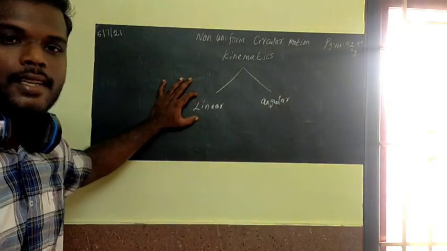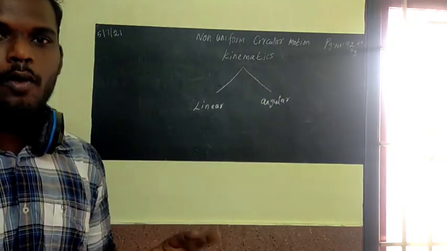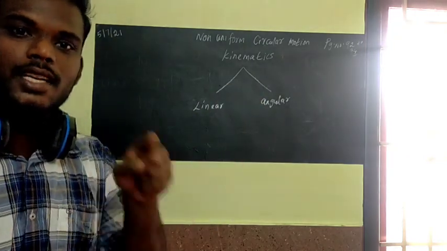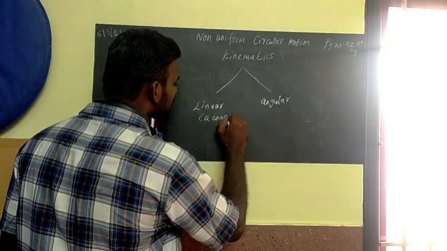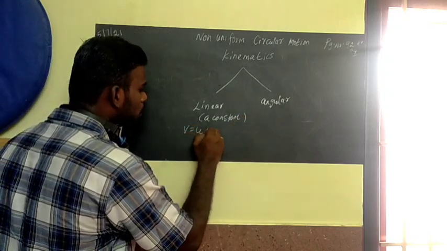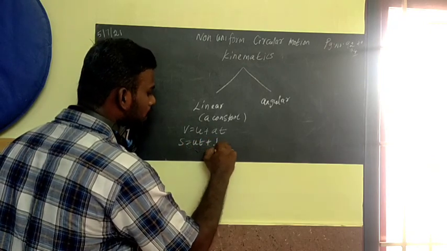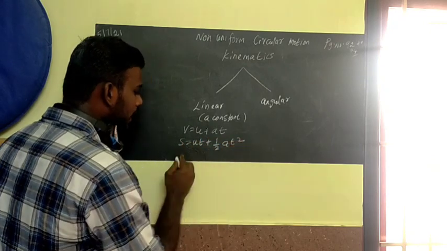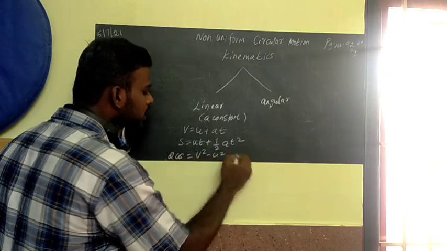Then we studied that we have three important equations in linear motion, taking acceleration as constant. The three formulas are V equal to U plus AT, S equal to UT plus 1 by 2 AT square, and the third one is 2AS equal to V square minus U square.